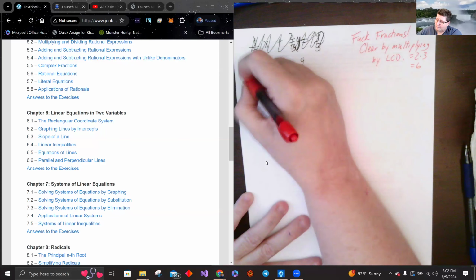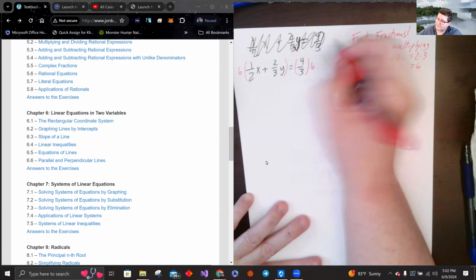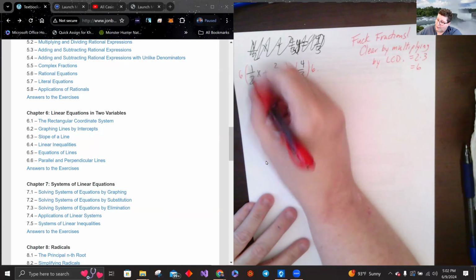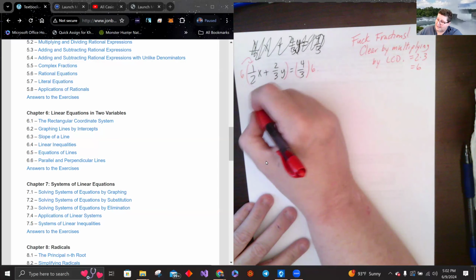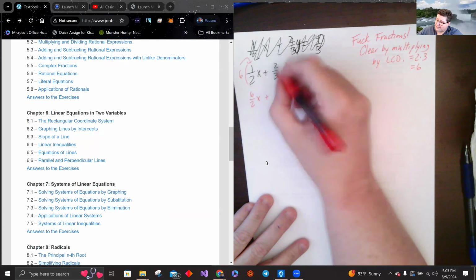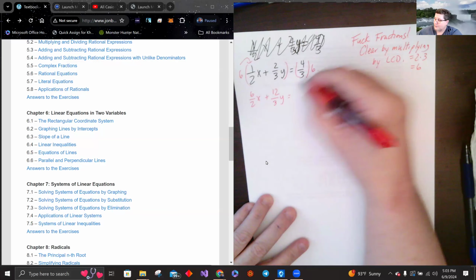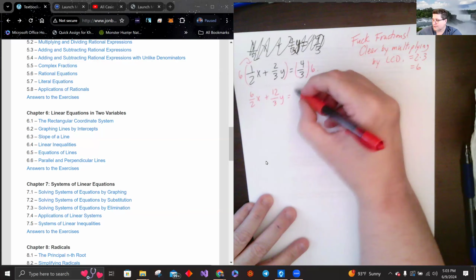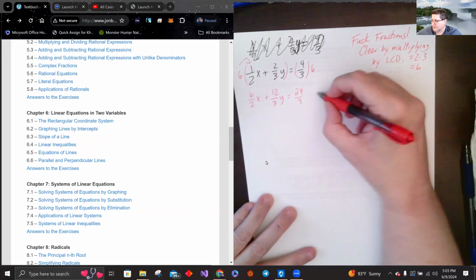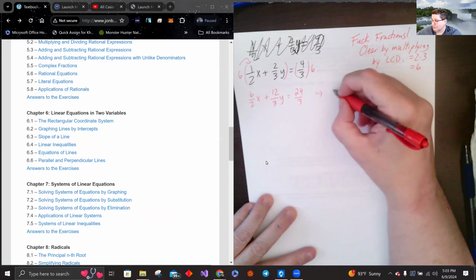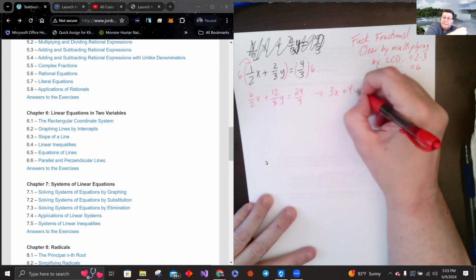I will multiply both sides by 6. When I distribute, I get 6/2 x plus 6 times 2 is 12 over 3y equals 6 times 4 is 24 over 3. This turns into 3x plus 4y equals 8.